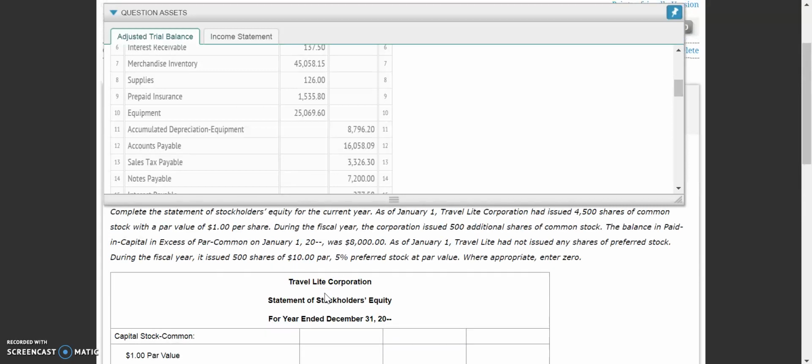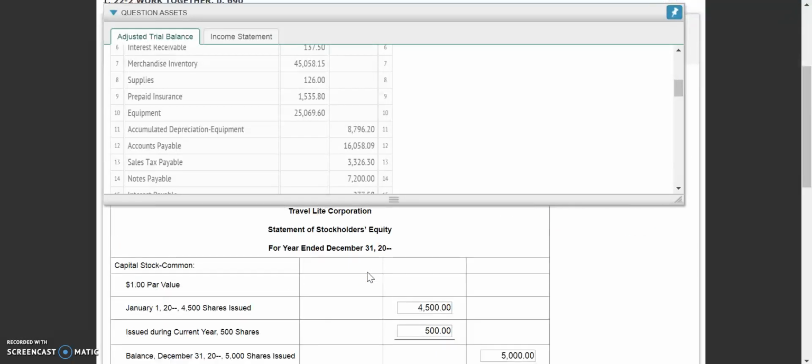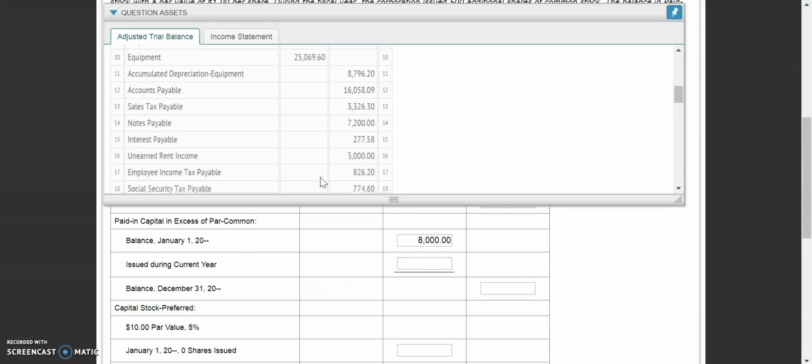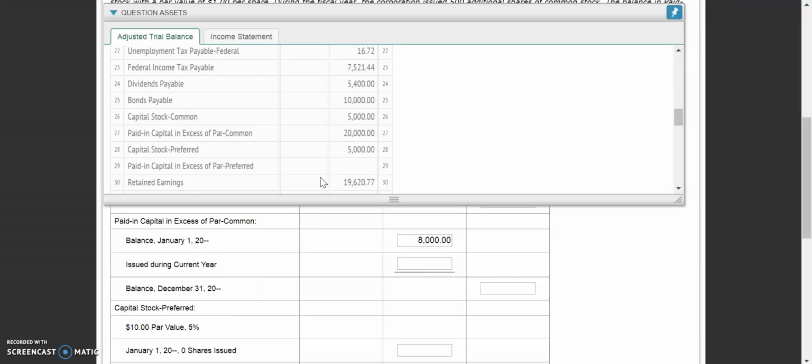Then it talks about our paid-in capital in excess of par. So we need to go back up to our handy chart here. It says that at the beginning of this year, we had $8,000 in our paid-in capital in excess of par, so we plug in 8,000 here. Then it says what was issued during the year. Let's go over to our adjusted trial balance and take a look.